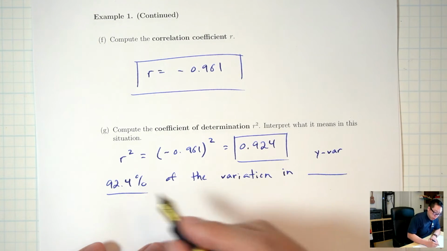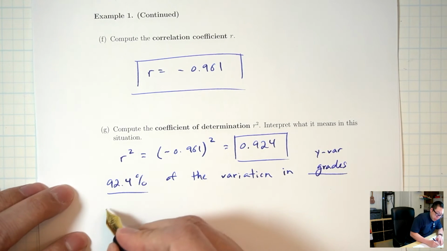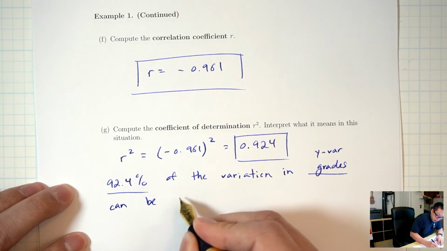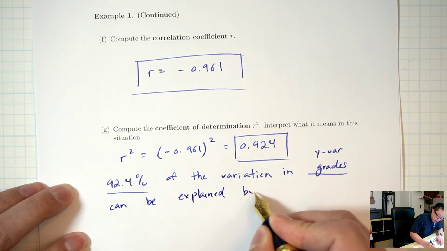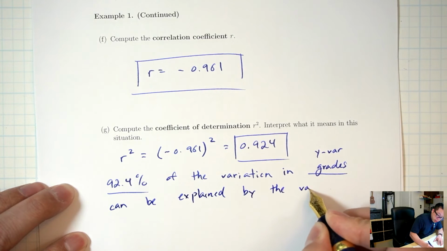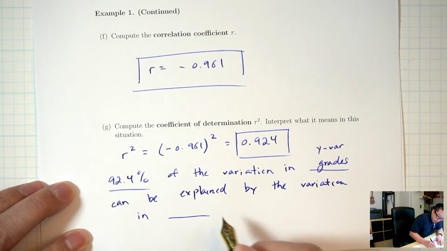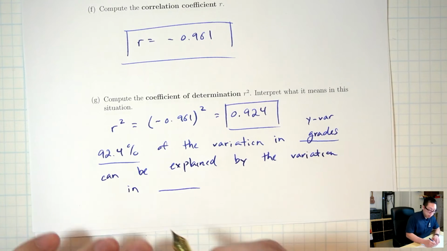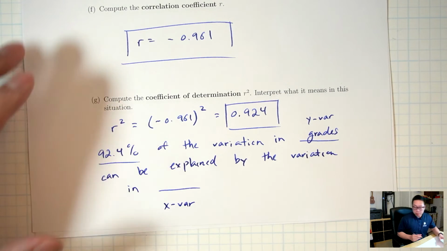So 92.4% of the variation in grade can be explained by the variation in, and then you're going to fill in your X variable here. Our X variable was absences.